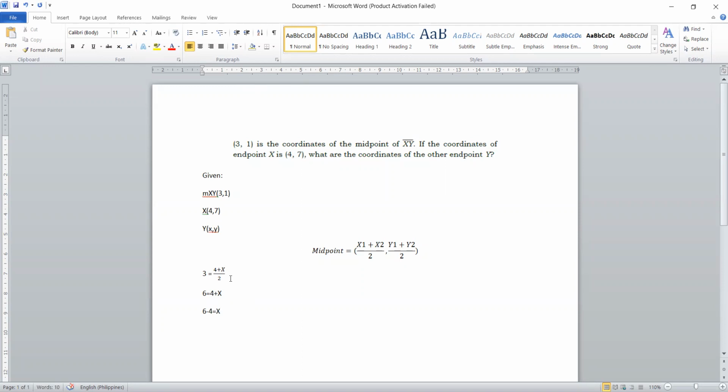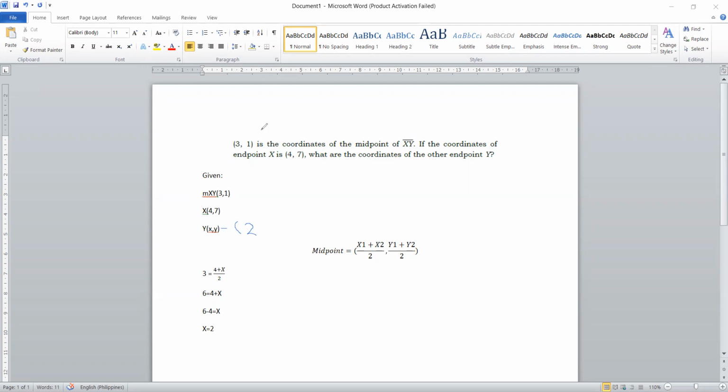So x is equal to 6 minus 4, which is 2. So that's your x coordinate. So you'll have here 2.